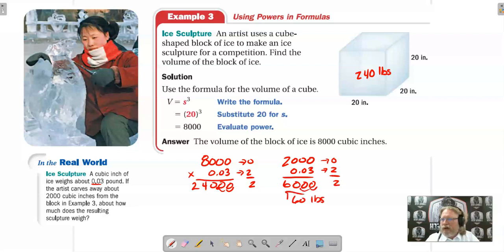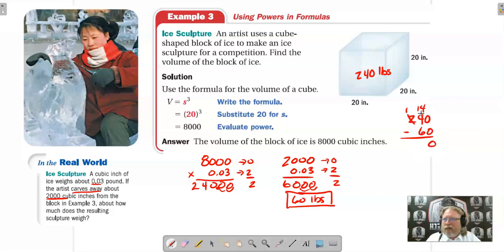So this is what she carved away. She carves away 2,000 cubic inches. So 60 is what we're taking away from 240. So we get 240 minus 60, and 0 minus 0 is 0. We can't take 6 away from 4, so we're going to borrow from the 2 and throw that 10 over here.